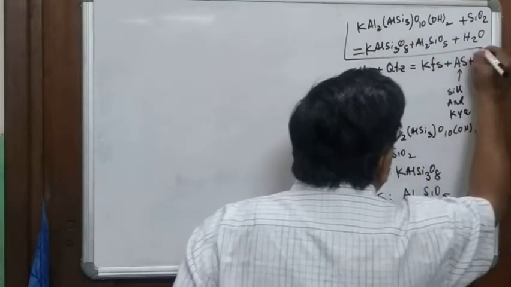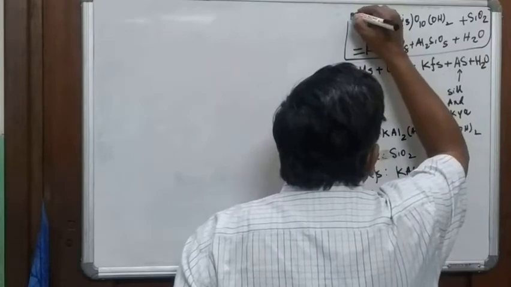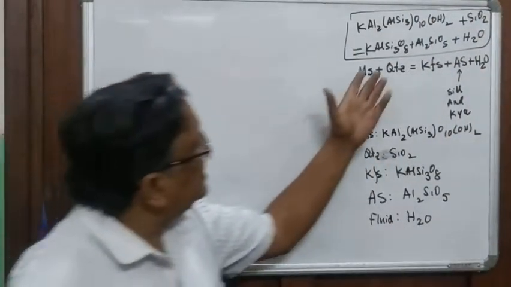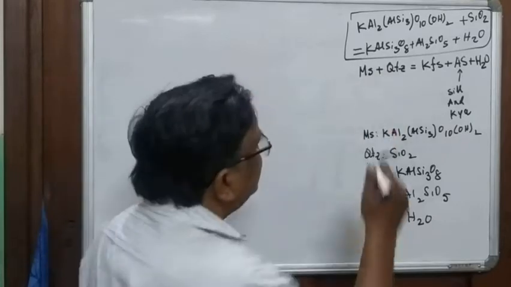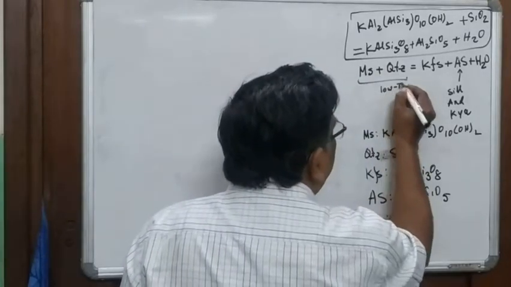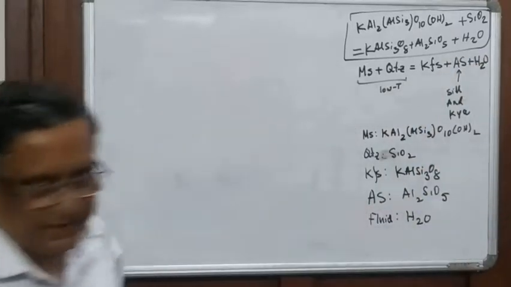This is the famous reaction by which muscovite breaks down. This is the low temperature side, and this is the high temperature part.